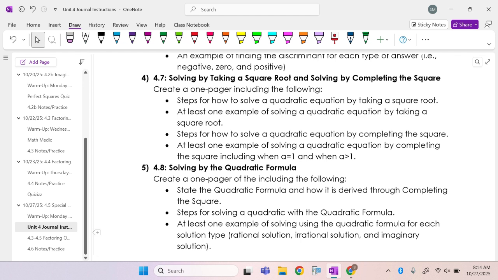Okay, so we're going to go ahead and go through the factoring one pager together. You can either put it on them or you can put it beside them.